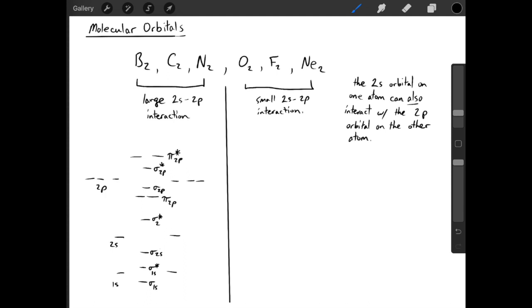So far, this looks, or should look, like the molecular orbital diagrams that we've drawn already, just a little bit more complicated.